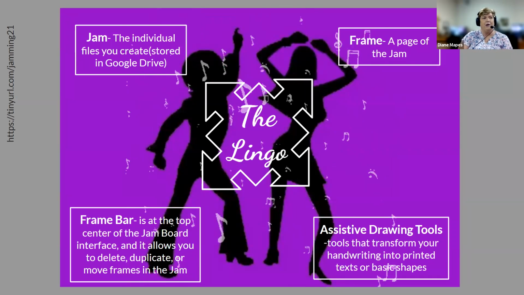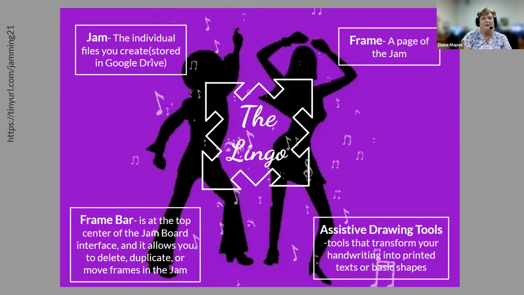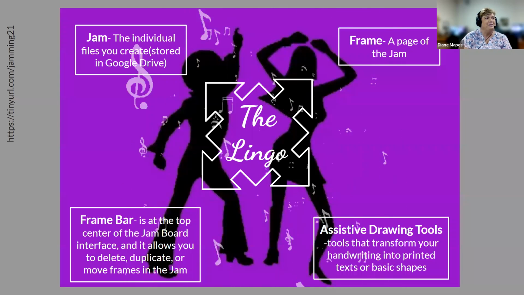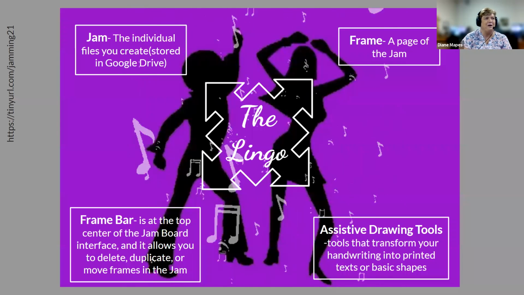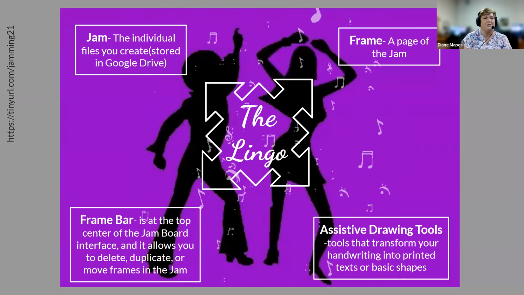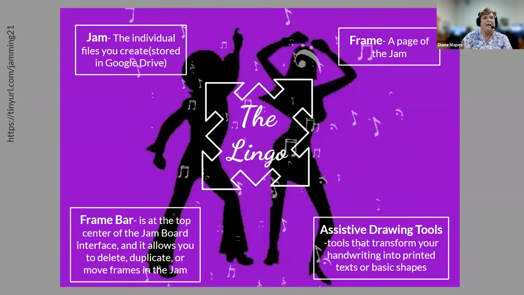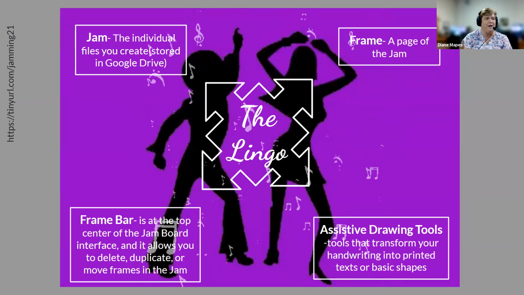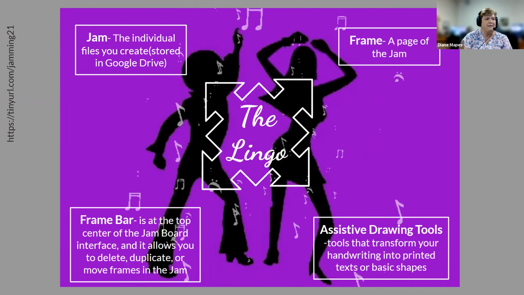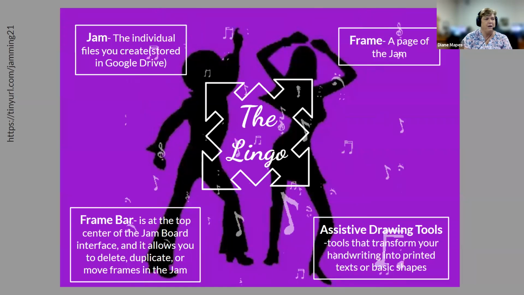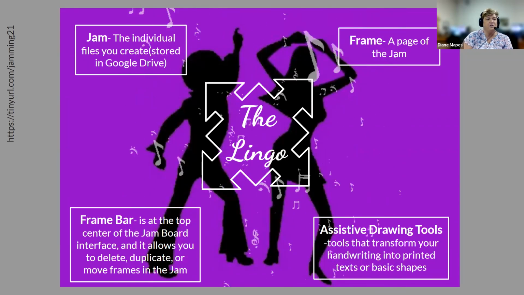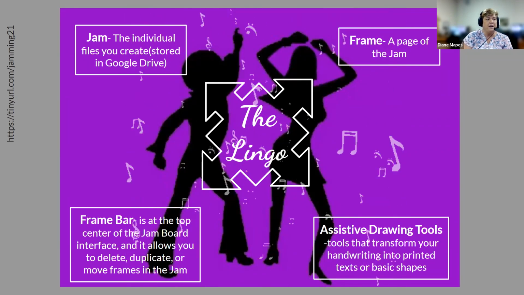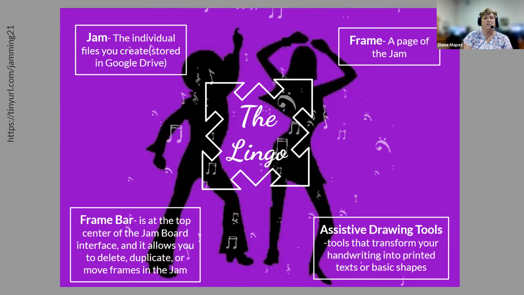Okay, so the lingo. You've got to have the special lingo. The jam is the individual file that you create, and those are stored in Google Drive. A frame is a page of the jam. The frame bar is at the top center of the Jamboard interface, and it allows you to delete, duplicate, or move frames in the jam.